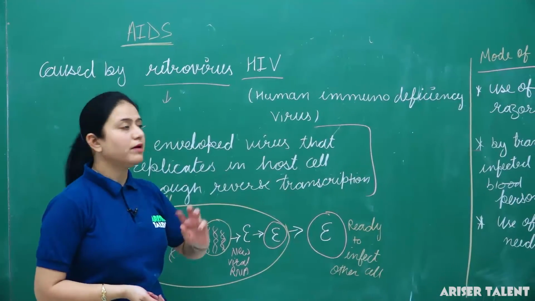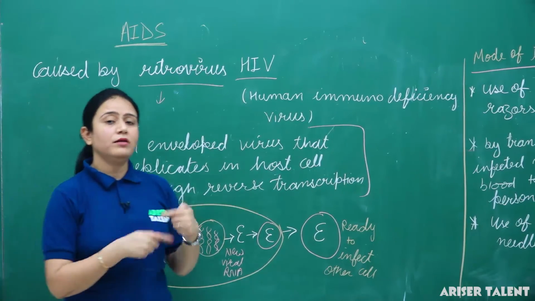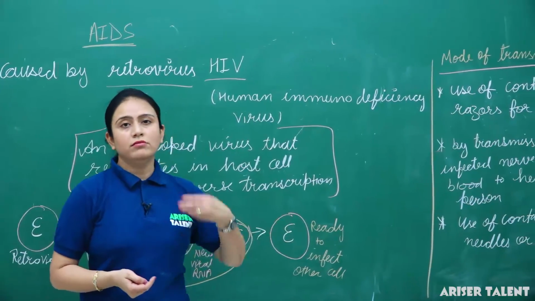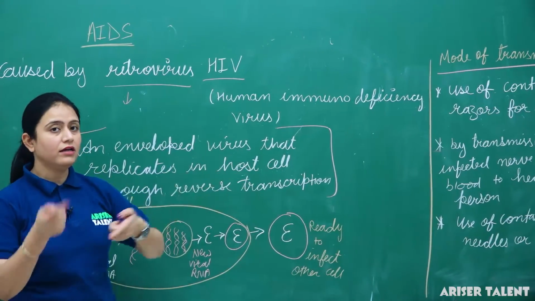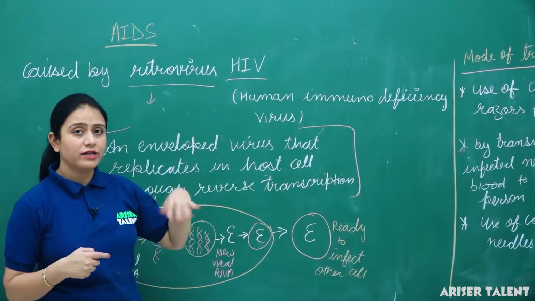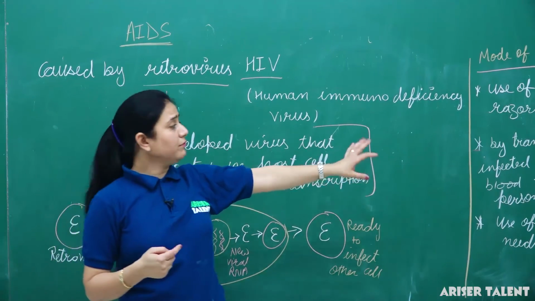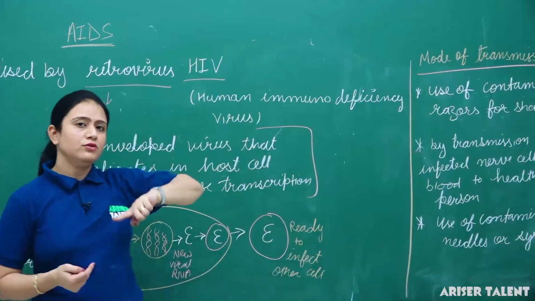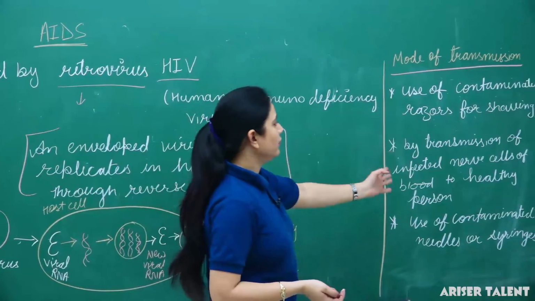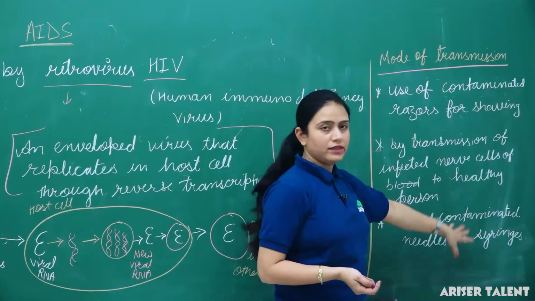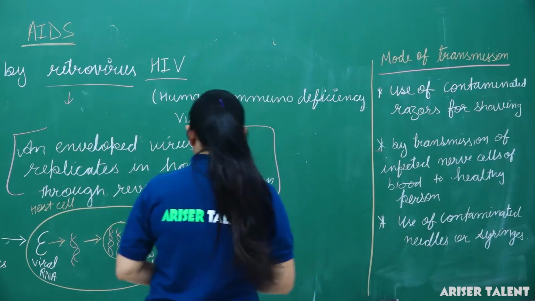By using contaminated razors. If the infected person is using the razor and it gets cut, and then someone else uses the same razor, it has the virus from that infected blood, and the other person will also be infected. Also by transmission of infected blood to a healthy person, and use of contaminated needles or syringes.